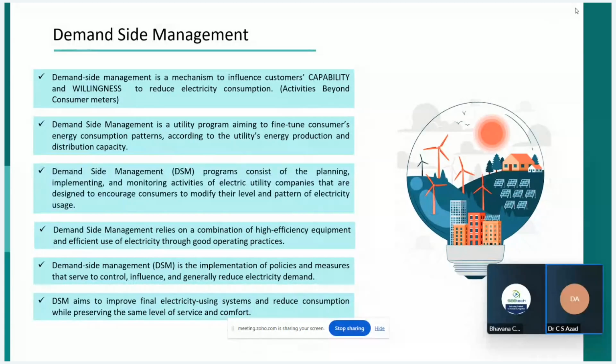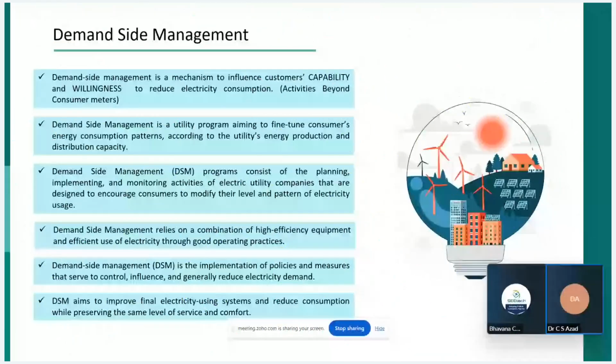Second, demand side management is a utility program aiming to fine-tune consumers' energy consumption patterns according to utilities' energy production and distribution capacity. We will discuss how time of day tariff, power factor penalties, and power factor incentives support these demand side management initiatives.